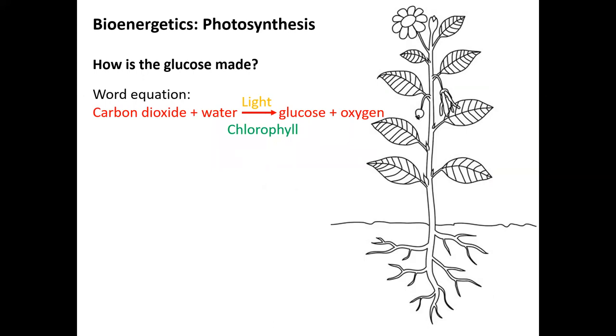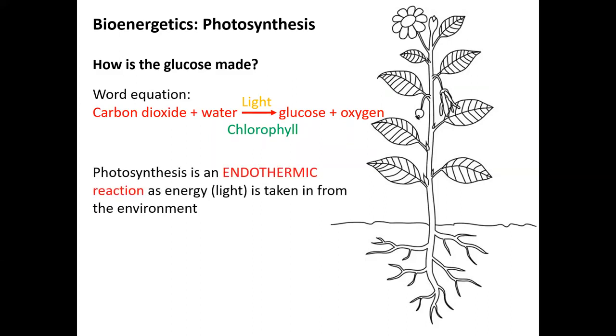This is why light is written above the arrow, and you also need chlorophyll, which is the green pigment found in chloroplasts. So I've just written that underneath the arrow to remind you of that. Light and chlorophyll aren't reactants, they're not products. They're just needed for this chemical reaction of photosynthesis to take place.